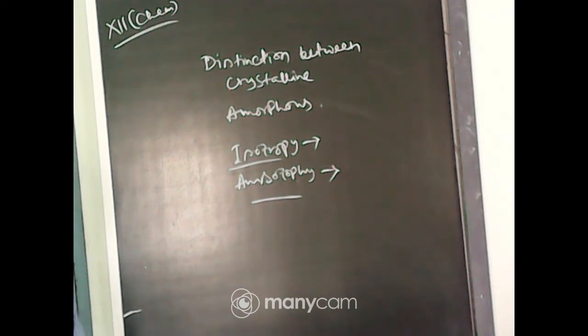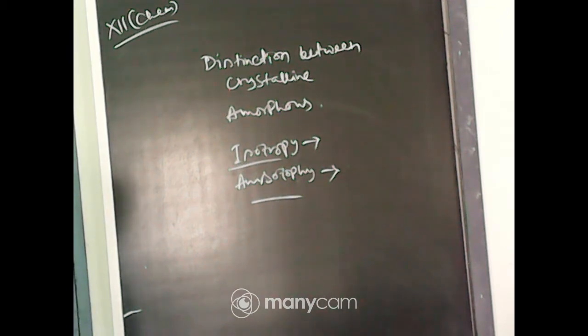When physical properties such as electrical conductivity, thermal conductivity, and refractive index are the same in all directions in space, then it is called isotropic, and this property is called isotropy.